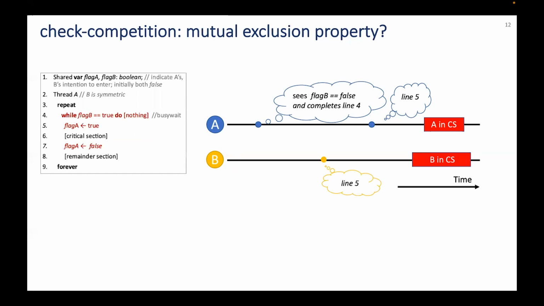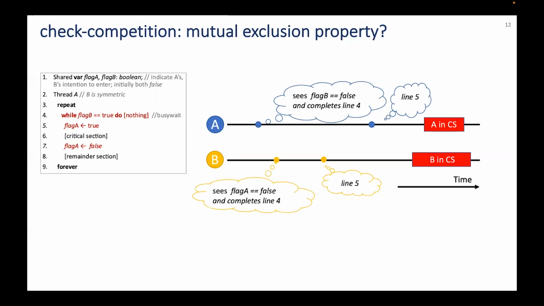In the example we are studying, the point in which B sets flagB to true comes after A sees flagB value to be false. So now we are left with one question. Can B see flagA being false in between the time A sees flagB to be false and B sets flagB to true?